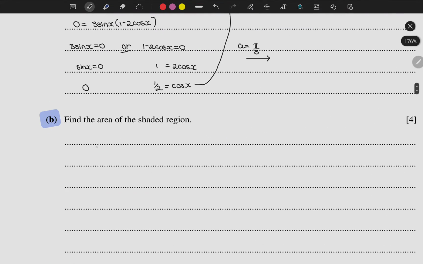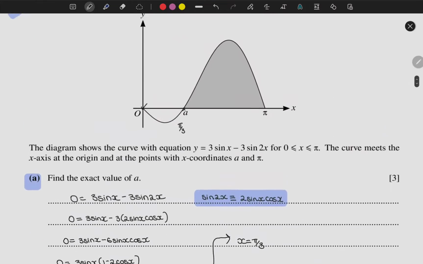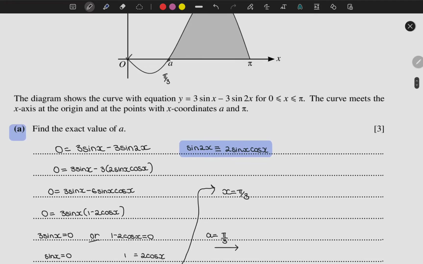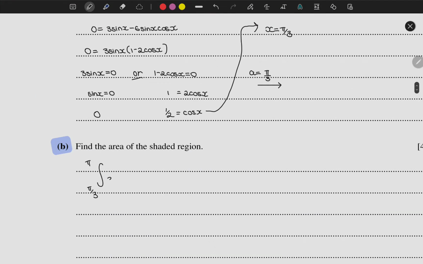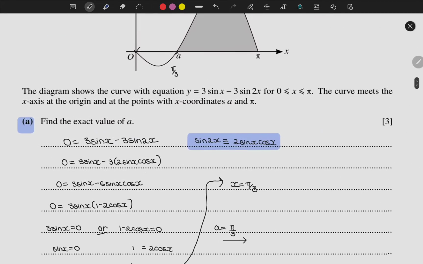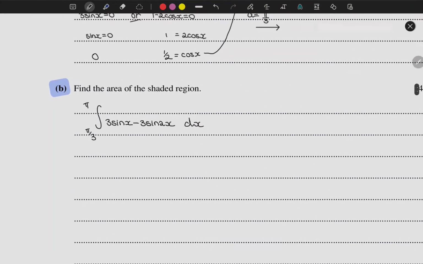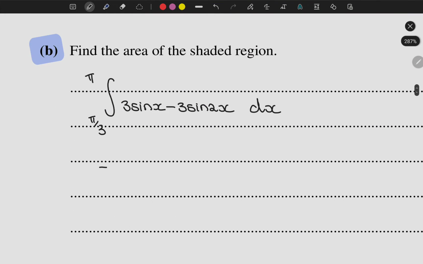So we can integrate with our limits of pi and pi over 3, and that is 3 sine x minus 3 sine 2x dx. So now let's get integrating.